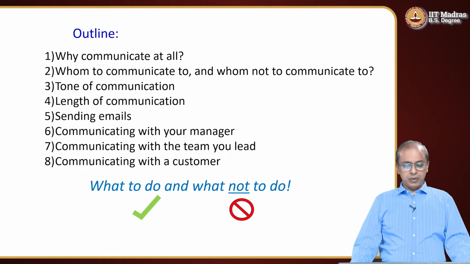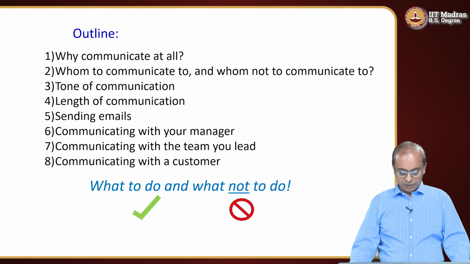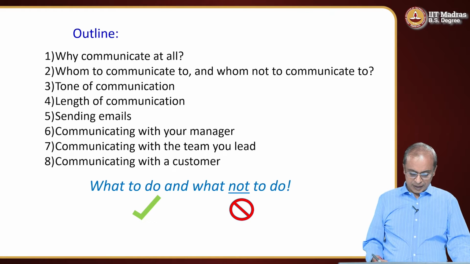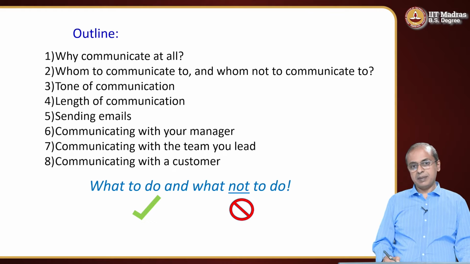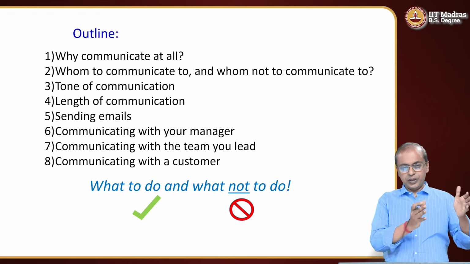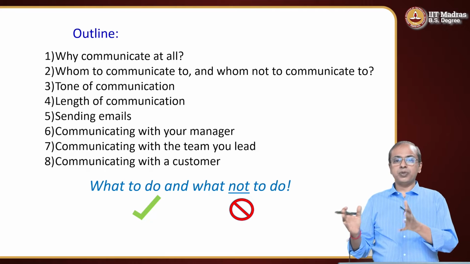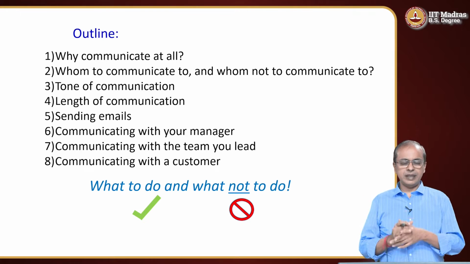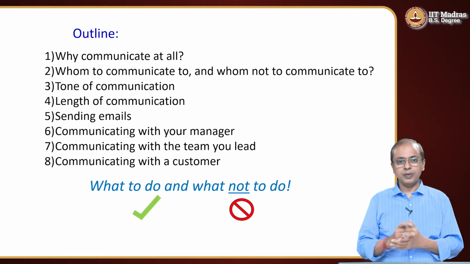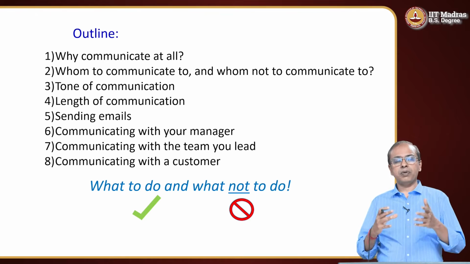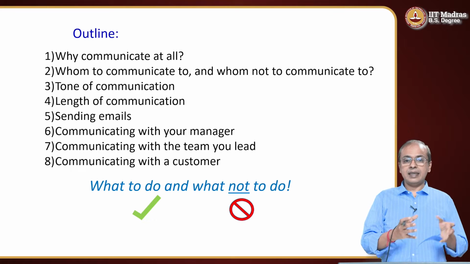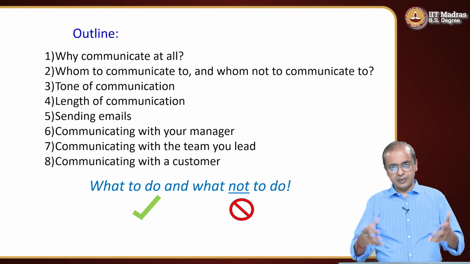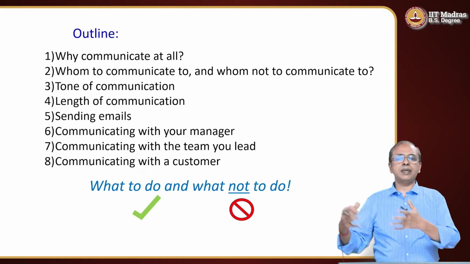So let us begin by looking at the first thing, which is why communicate at all. And before I do that, I want to point out that in all the slides that you are going to see, we are going to have some example of how it should be done and some example of how it should not be done. So mostly we will talk initially about what we should not do. I will show you an example of the way it is being done by somebody which is not correct, and then another example of the same scenario in which it has been done correctly.